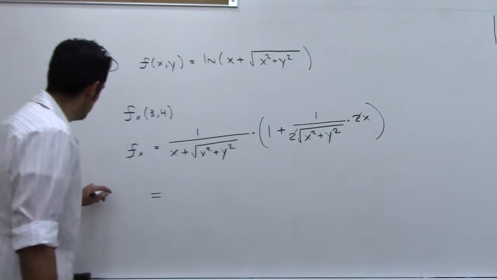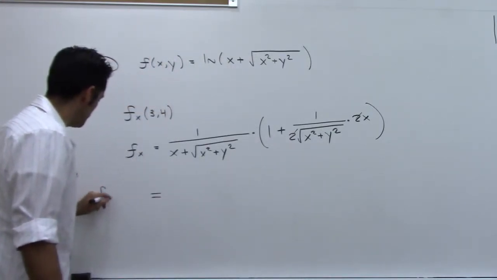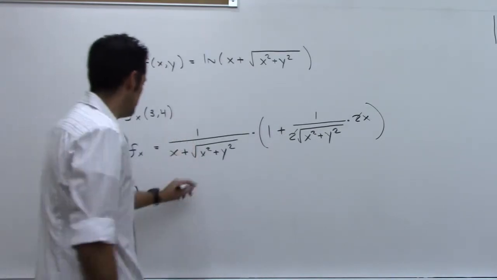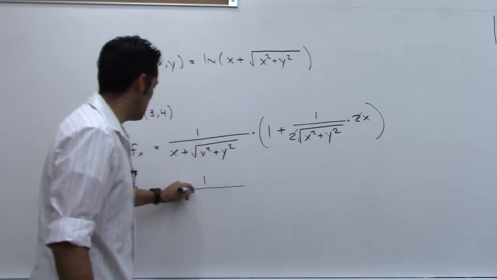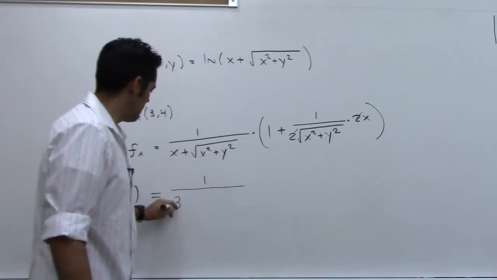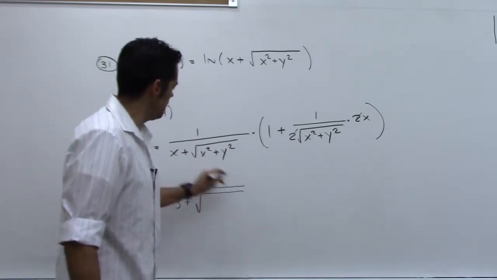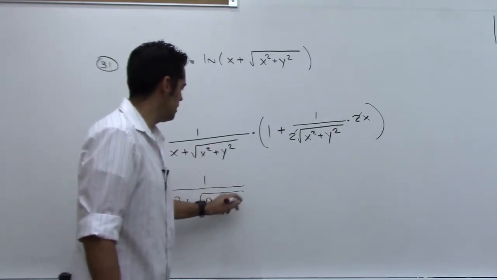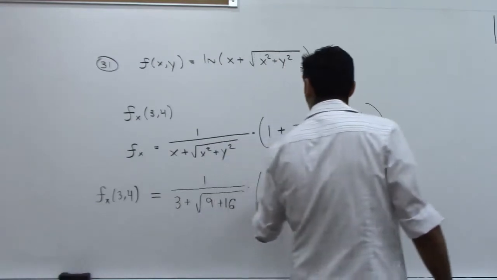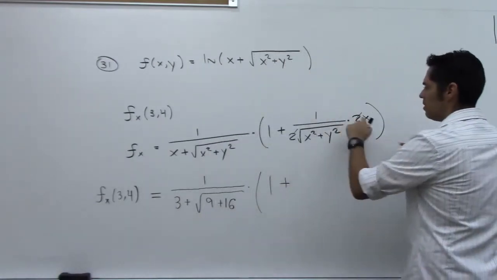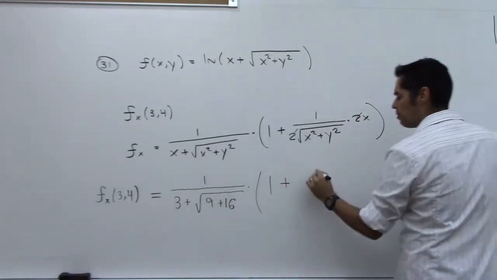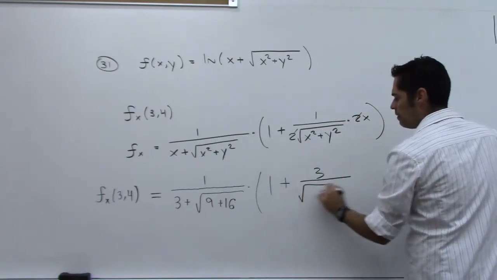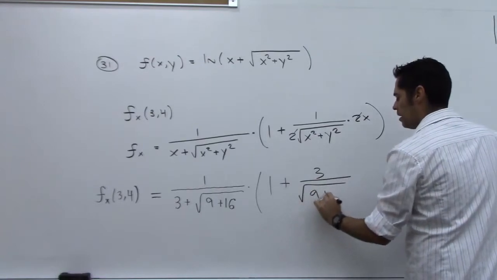Okay, and I'm actually going to just plug in now. What's the partial with respect to x at 3, 4? So let's replace all my x's with 3's, all my y's with 4's. So 3 plus the square root of 3 squared, which is 9, plus 4 squared, which is 16, times, in parentheses, 1 plus, this is really just an x on top, so 3 on top, and then the 2's canceled, right? So square root of, we just did this, 9 plus 16.